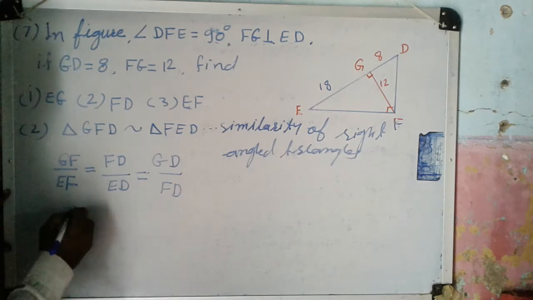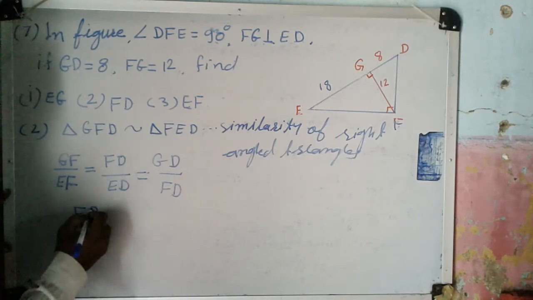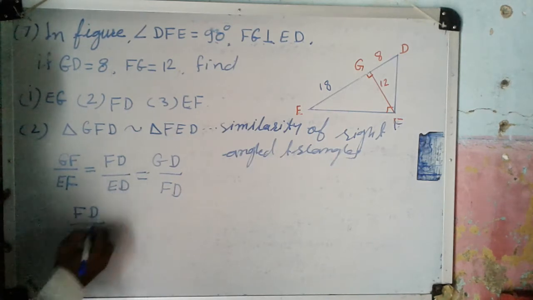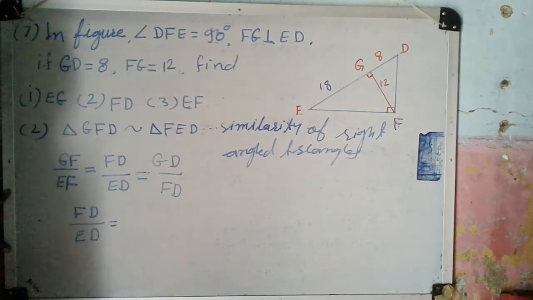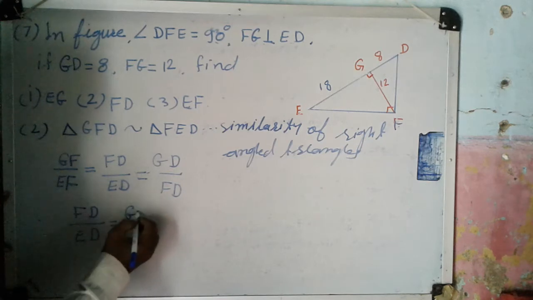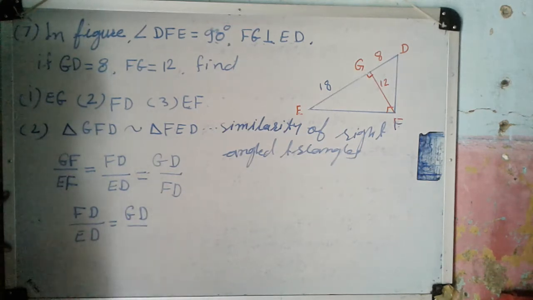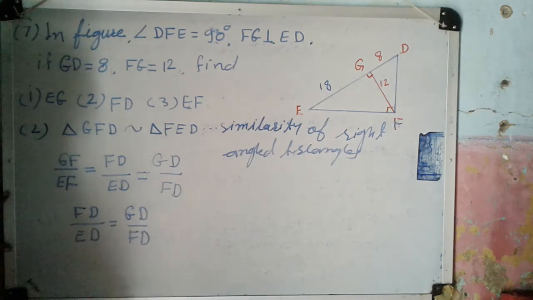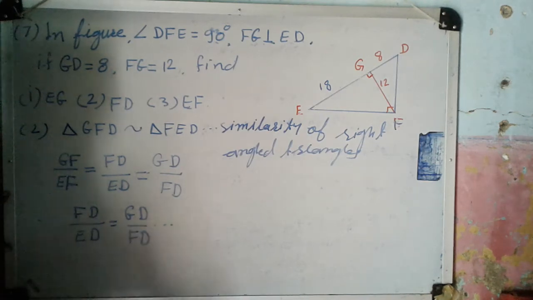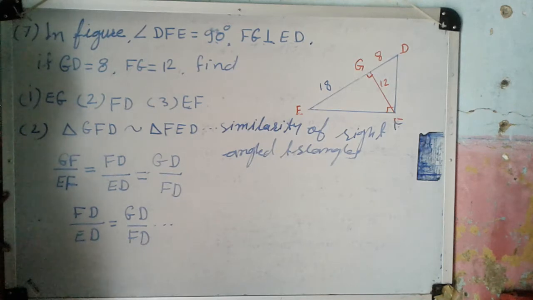Therefore, FD upon ED is equal to GD upon FD. Corresponding sides of similar triangles.